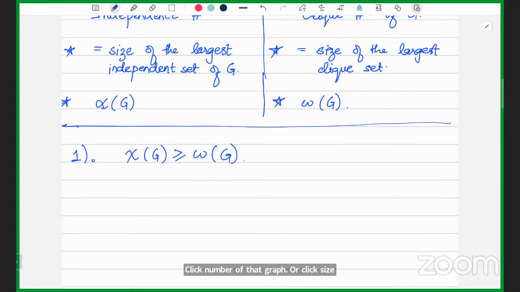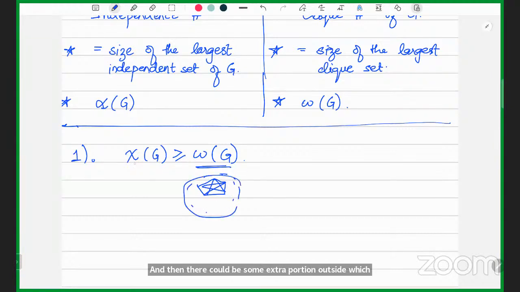It's quite easy to see how this one follows. If I have a clique in a graph, clique means all the vertices are adjacent to all others, which means every vertex of the clique has to be given a different color. So if there is a clique of this much size, these many colors have to be given to just that much subgraph of the graph. And then there could be some extra portion outside which could need more colors. Therefore, chi has to be at least as much as the clique number.